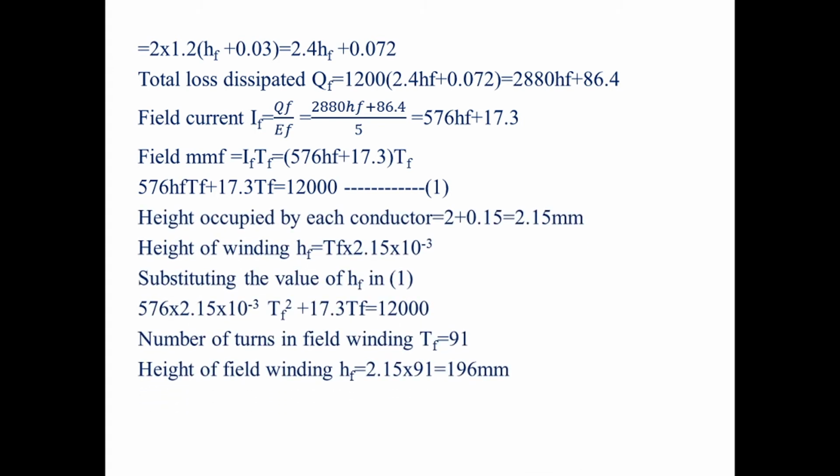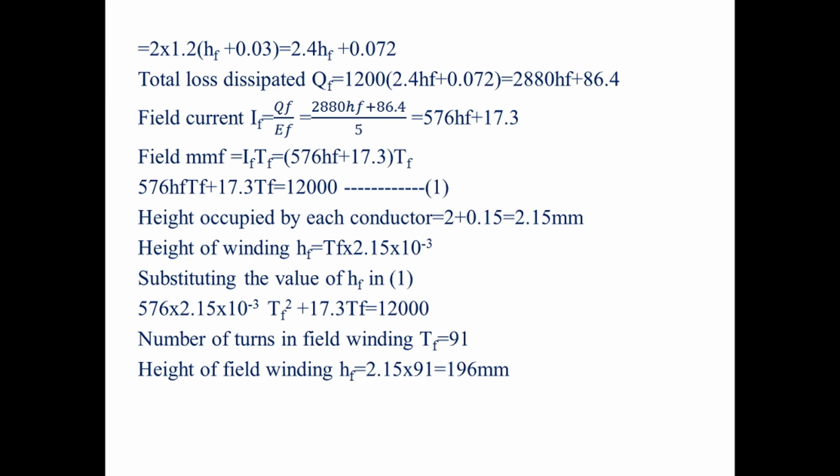The height occupied by each conductor is given by 2 plus 0.15. 2 is the height of the conductor, and 0.15 millimeter is the thickness of the separating insulation, correct. So the height occupied by each conductor is 2 plus 0.15, which gives 2.15 millimeter.